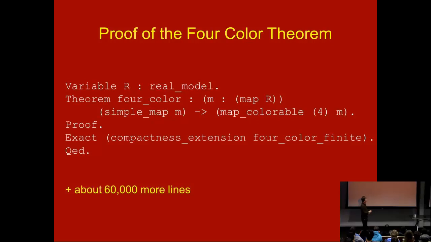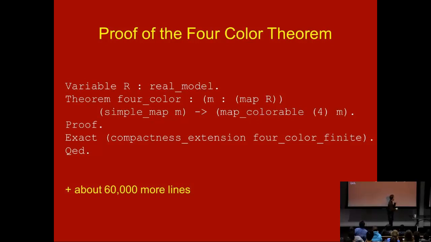And let me just end by showing you the proof of the four-color theorem. It really looks like this. I want to show you because it's connected to computer science. It really looks like code. You can think of it like first-order logic. It's actually some lambda calculus plus a lot of syntactic sugar.